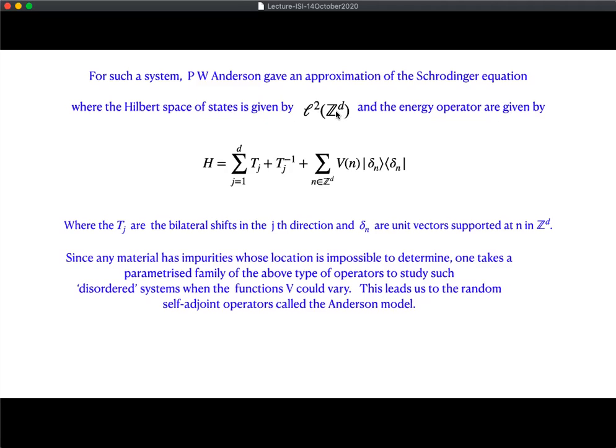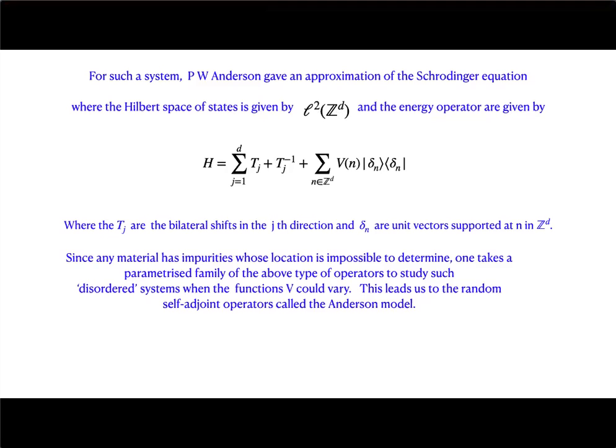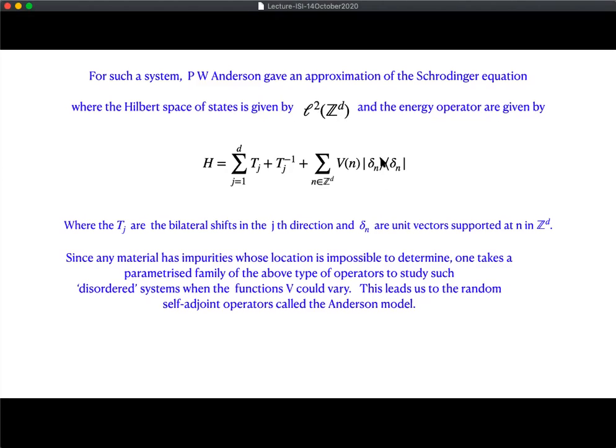Because Z^d is just a lattice, take a sequence which is 1 at the site n and 0 elsewhere, and call that delta n. This object determines the orthogonal projection onto such a unit vector in l2 of Z^d.